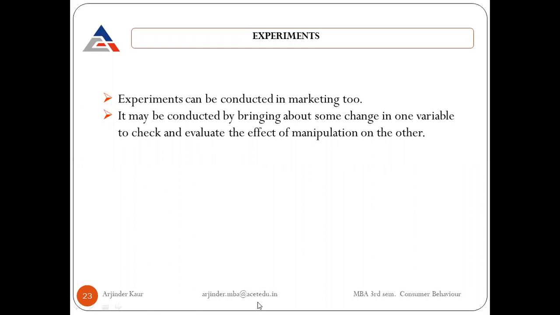For example, we just want to know which kind of packaging will be preferred by people. So we can conduct the survey by using different packaging in different areas. The packaging that is highly preferred by more people can be finally used. So this is the kind of experiment we can conduct.